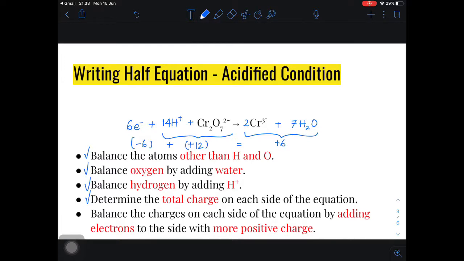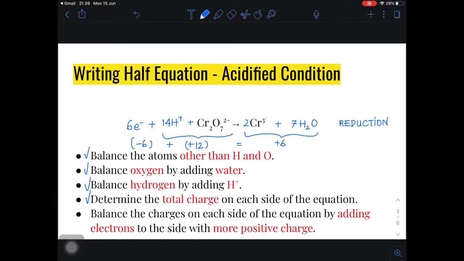Here, because it gains electron, we can say that it is a reduction. Based on the electron movement, we can tell that it's reduction.